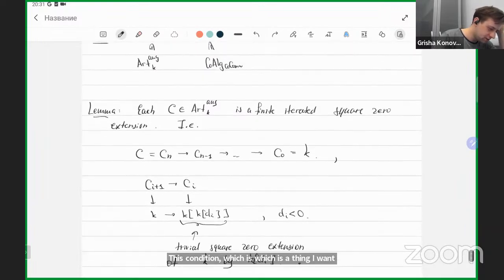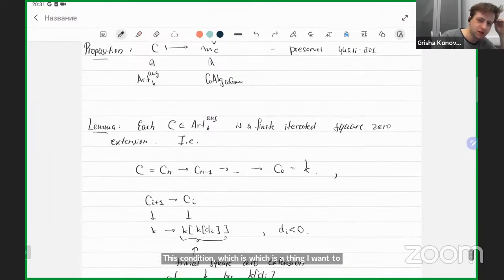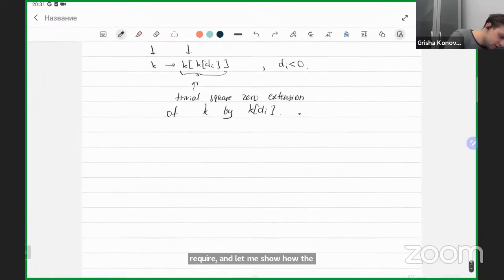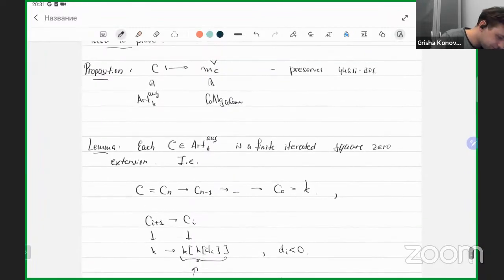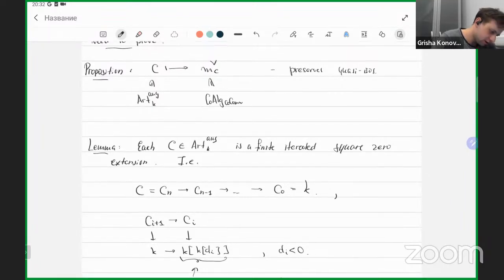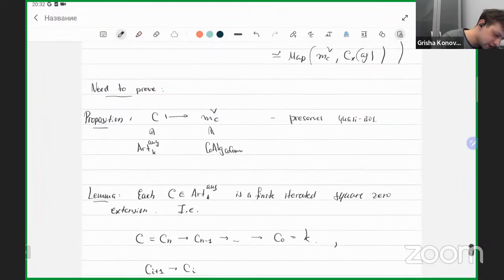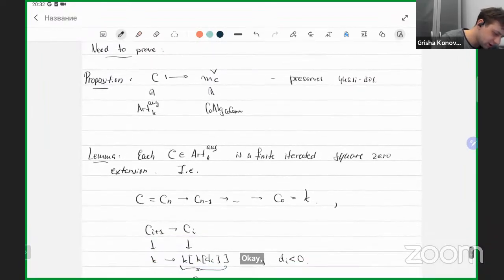And let me show how the lemma implies the proposition. Okay, so that's the proposition.